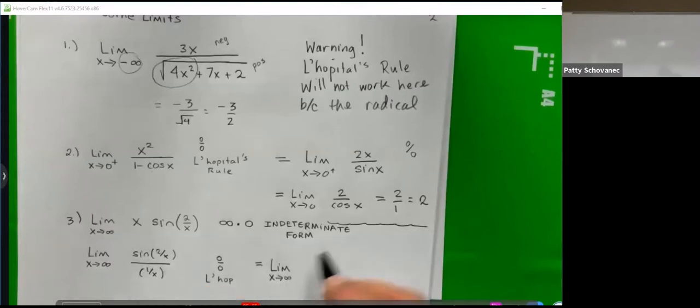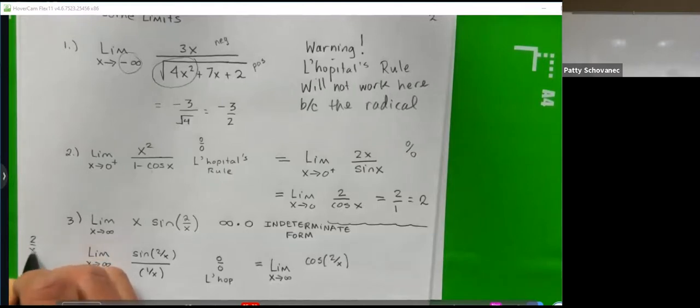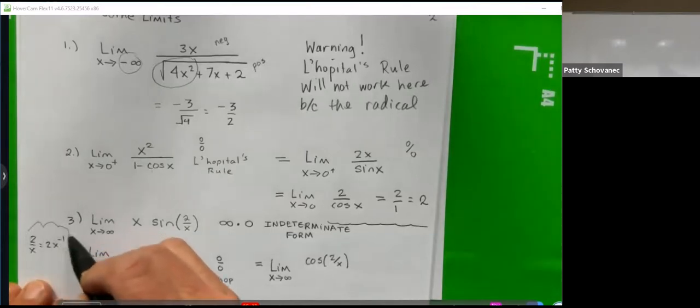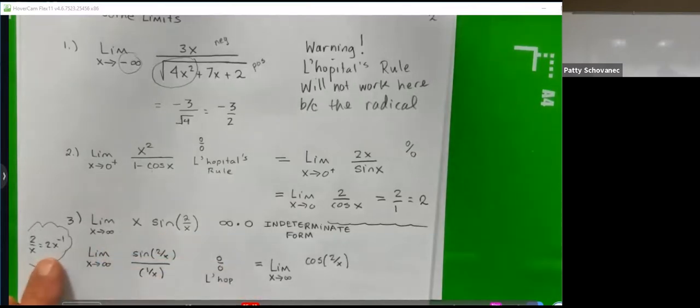So on top, we take the derivative of the sine and get a cosine. But now we have to move inside the parentheses and take the derivative of 2 over x. Think of that as 2 times x to the negative 1. And so let me put that in the cloud to show that that's what you're thinking. So the derivative is minus 2 x to the negative 2. Now downstairs, you're thinking of 1 over x as x to the minus 1.